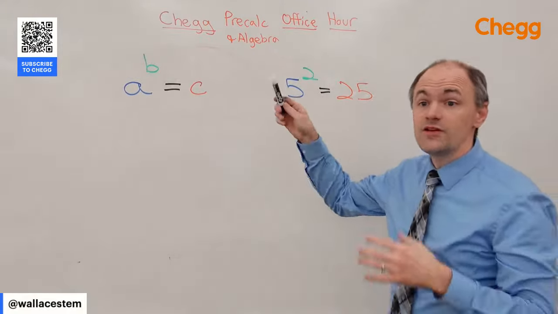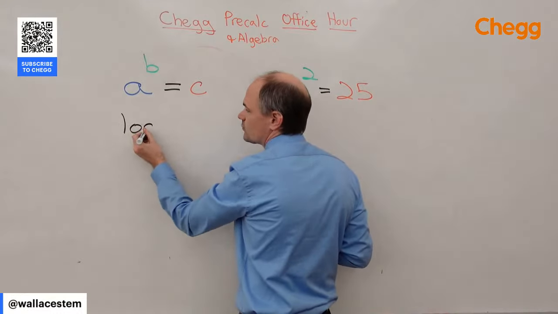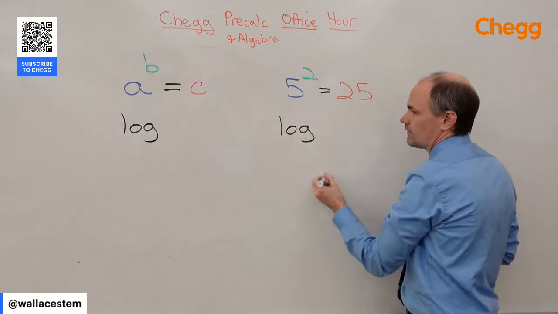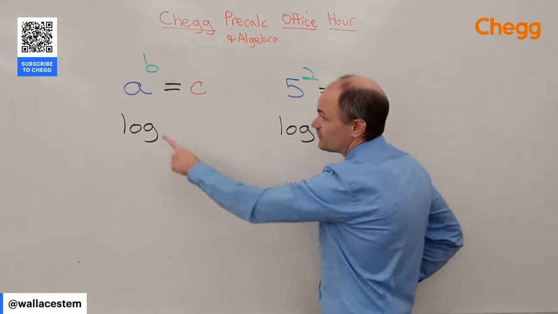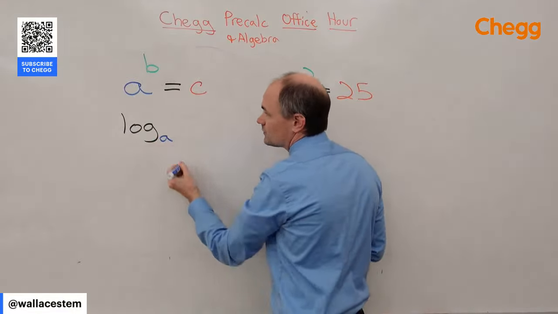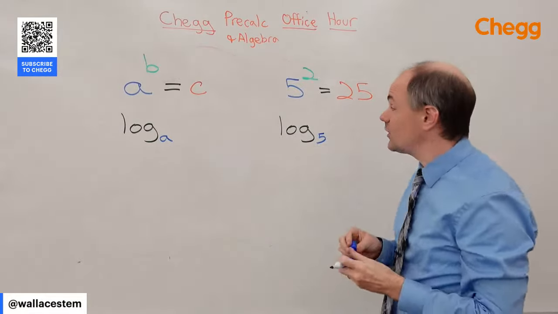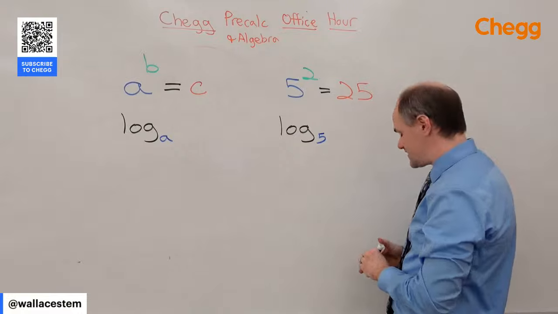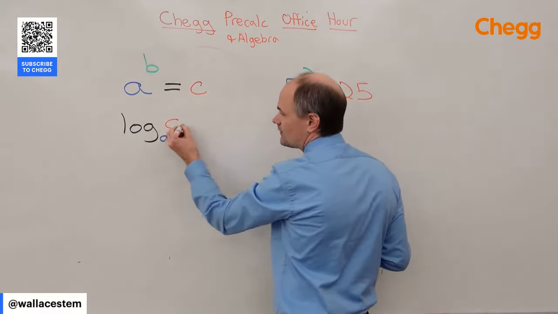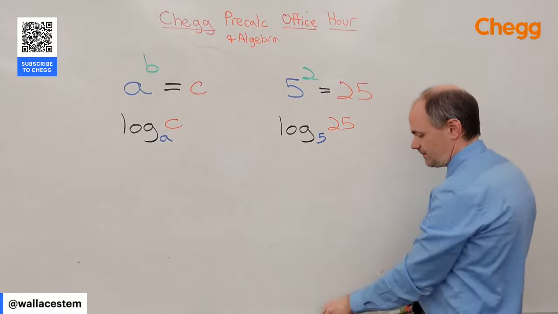These can be rewritten as a logarithm. And how it gets rewritten as a logarithm is the base of the problem is the base of the logarithm. So A, or in this case 5, is the base of the logarithm. What goes inside of the log is the answer. So this is the log of C, or the log of 25.